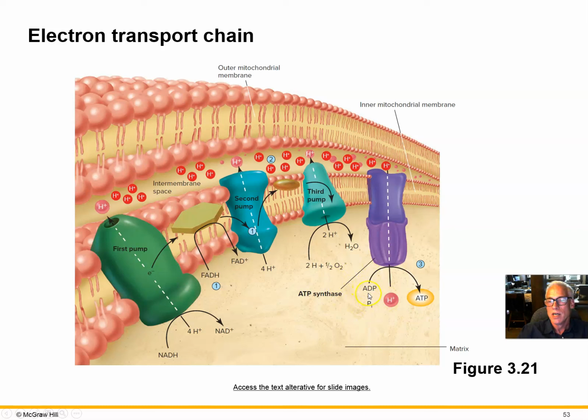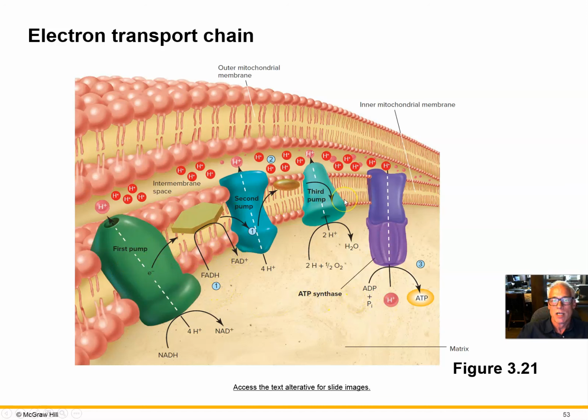It takes ADP and forces that third phosphate onto there, forming ATP. Now the hydrogen ion has diffused across into the inner membrane, and it will be pumped right back out again, as long as we're continuing to do this process. So that's chemiosmosis, this movement of the hydrogen ion back through the membrane, driving ATP synthesis.